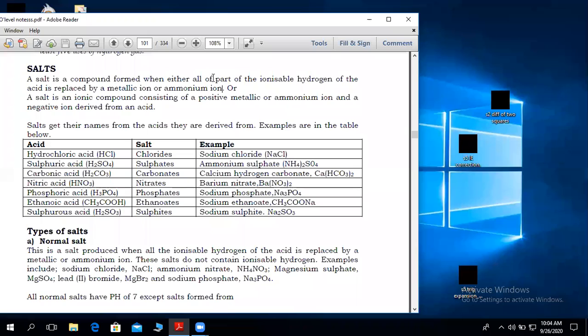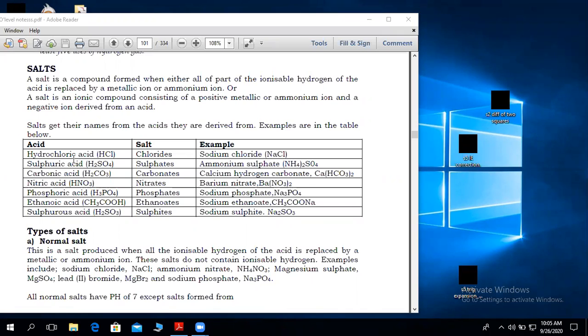Now, after knowing what a salt is, we looked at these examples. We said if, for example, the acid is hydrochloric acid, then the salt formed will be a chloride. The salt formed from hydrochloric acid will be a chloride.